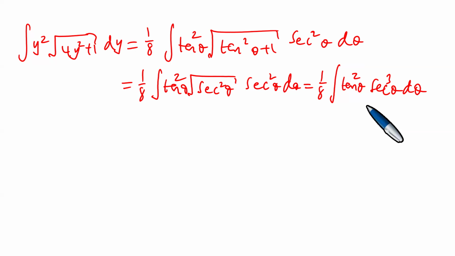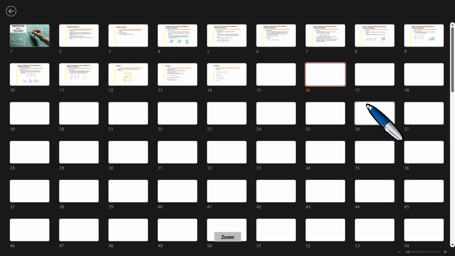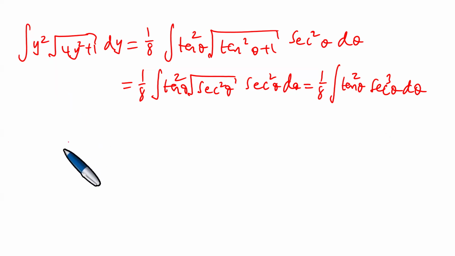So the best way to evaluate this integral is to break the tangent squared. We're going to separate the tangent squared.